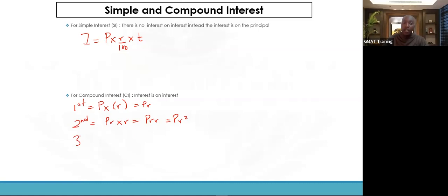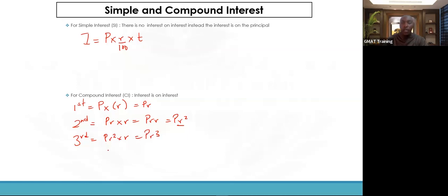And for the third year, you take the amount that you got from the second year and put the interest against it. So it's interest on interest on interest, and it gives an exponential growth, which is PR cubed in this case.